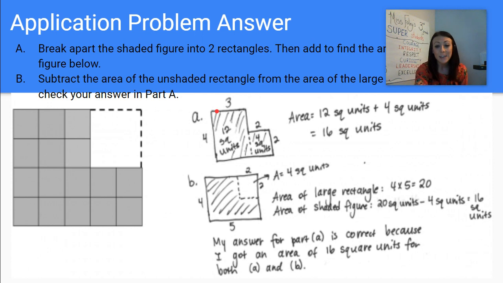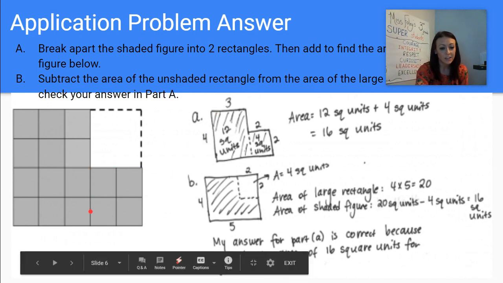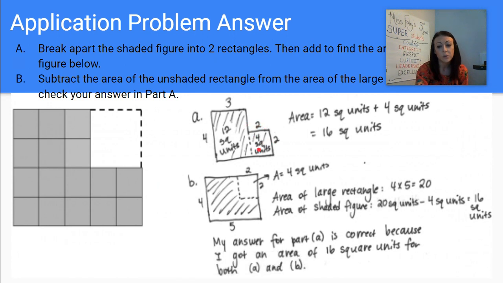Then the second rectangle that you would have had would be what's left here, this 2x2, which is actually a square, but this 2x2 rectangle here is the other part of the shaded region. And to find that area, you do length times width, 2 times 2, and you get 4 square units.